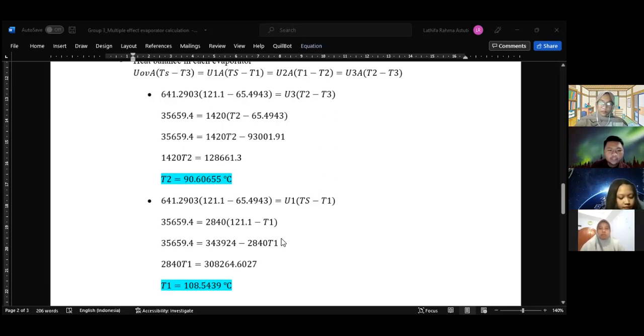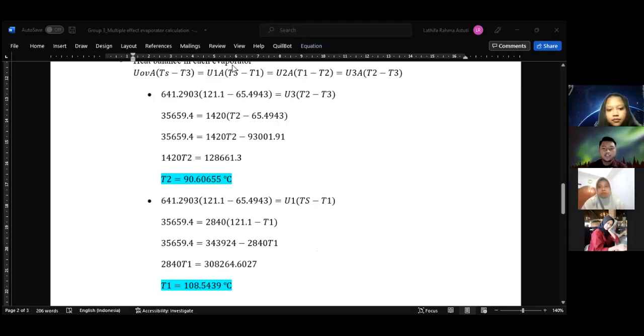So next we input the value of each known component, so that we get 641.2903 times 121.1 minus 65.4940 equals 2,840 times 121.1 minus the first evaporator temperature.